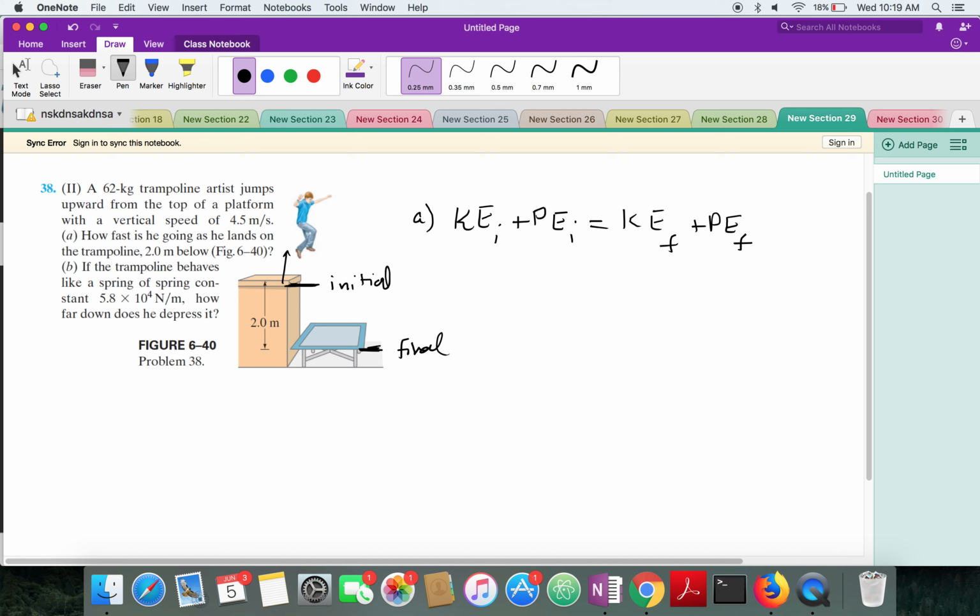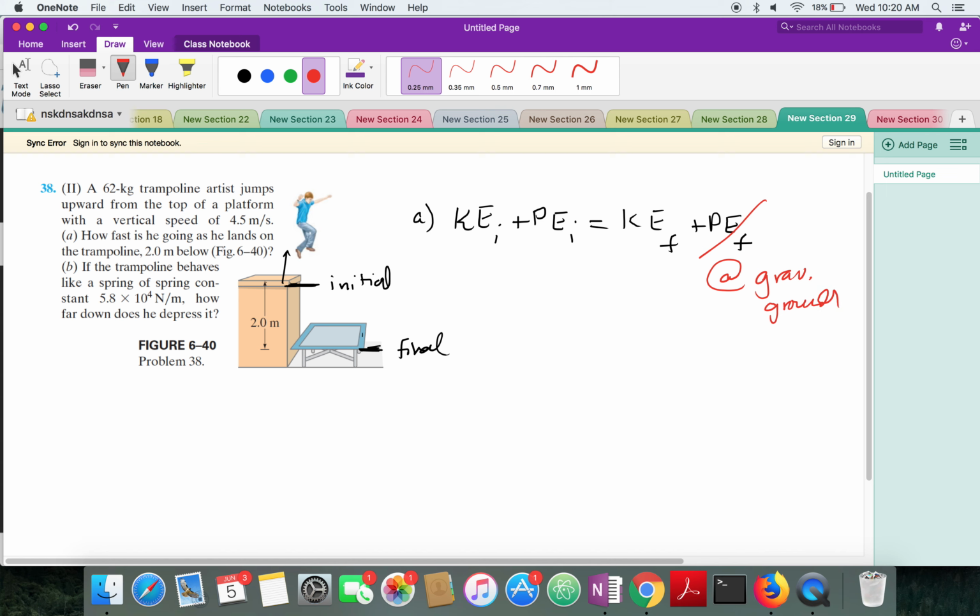Nothing is 0 initially because it has initial kinetic energy, since it leaves with a speed, and it has initial gravitational potential energy because it's above ground. Ground is the 0 point, just like with electricity, when you talk about ground, that's the 0 electrical potential. In gravitation, ground is the 0 gravitational potential. In the final state, you are at ground, so this is 0 because you're at gravitational ground.